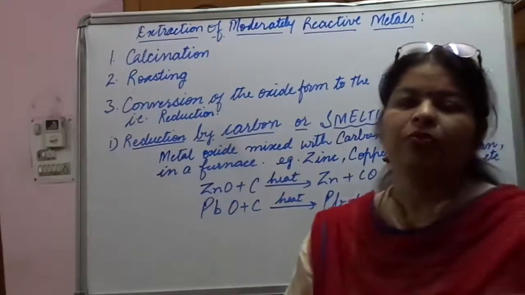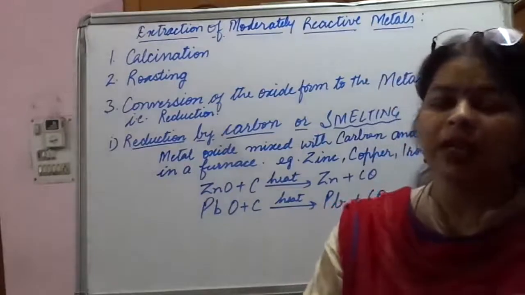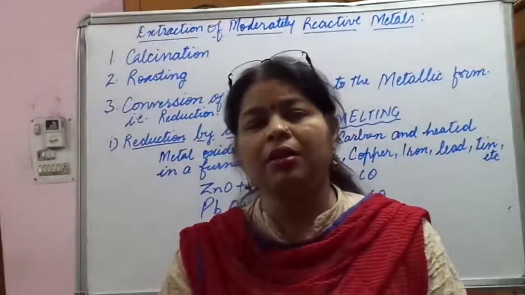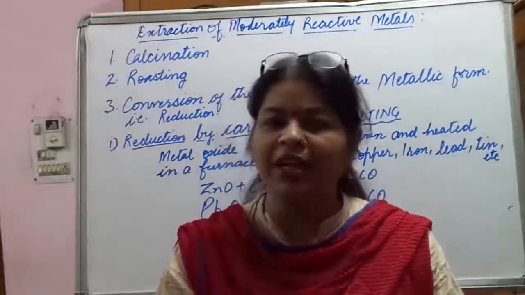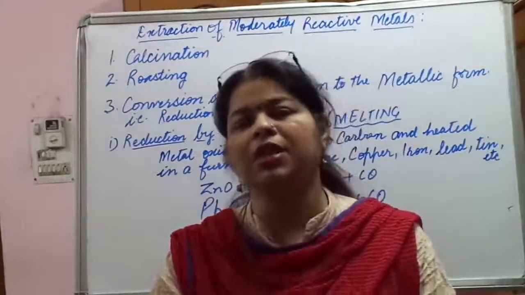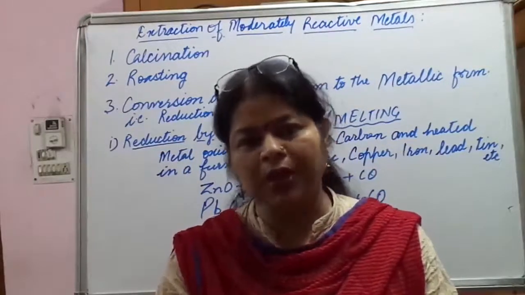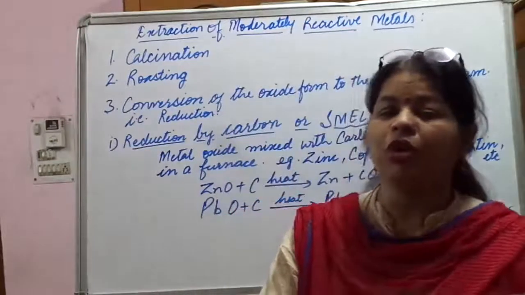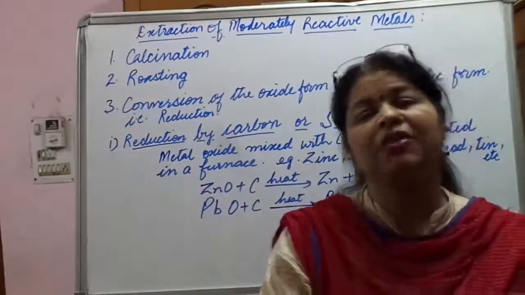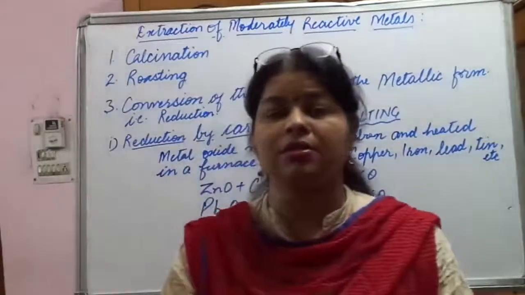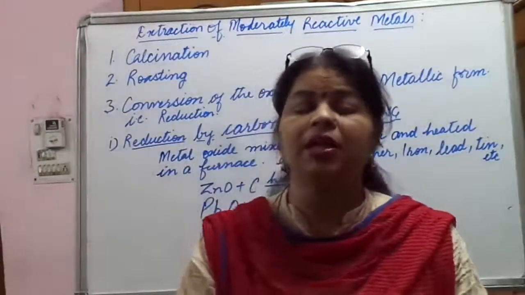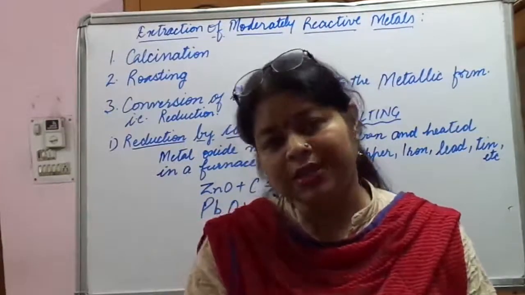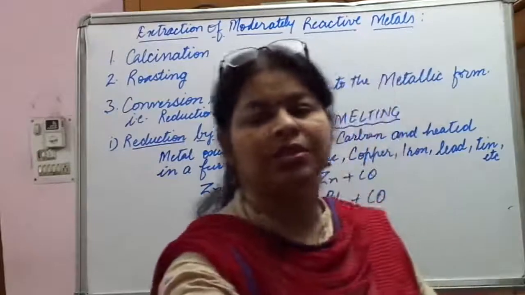So what are we doing? We are actually extracting the metal from metal oxide, by treating it with coke or reducing it with carbon. Fine. Smelting is normally done for the extraction of comparatively less reactive metals, like zinc, copper, lead, tin, etc. Such types of metals are extracted by this process.